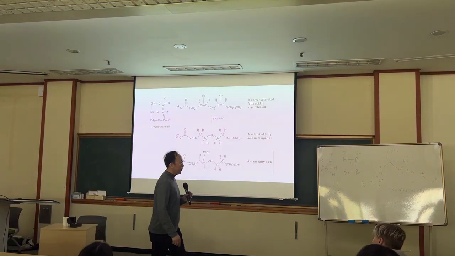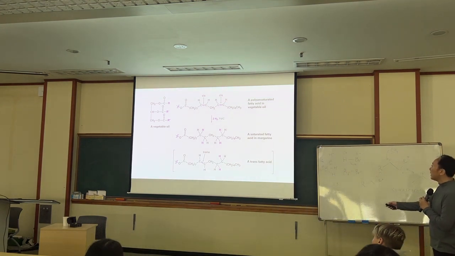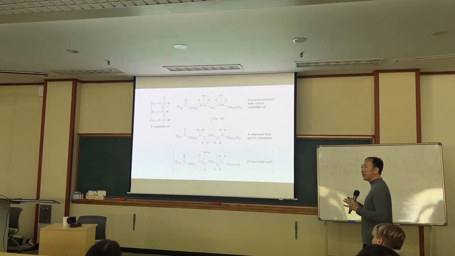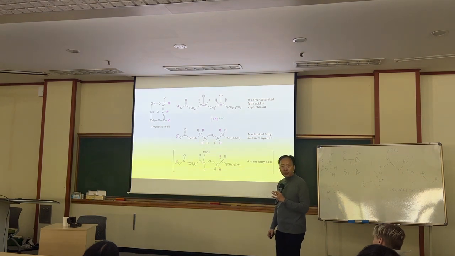Okay, so if there are multiple double bonds, like in fatty acids, usually the vegetable oil, we have this glycerol, a trialcohol, attached to long chain fatty acids. So this is the vegetable oil structure.